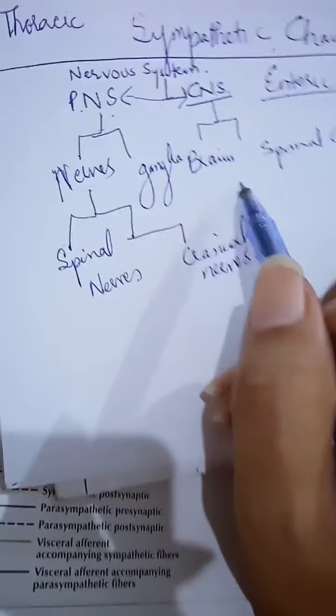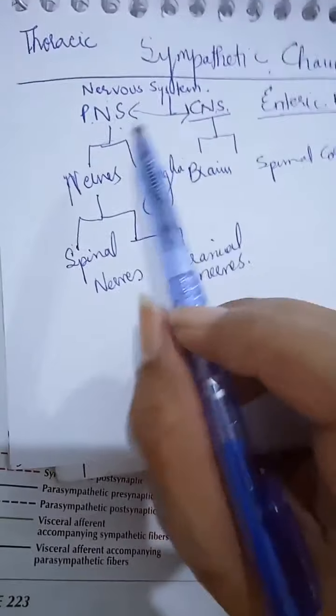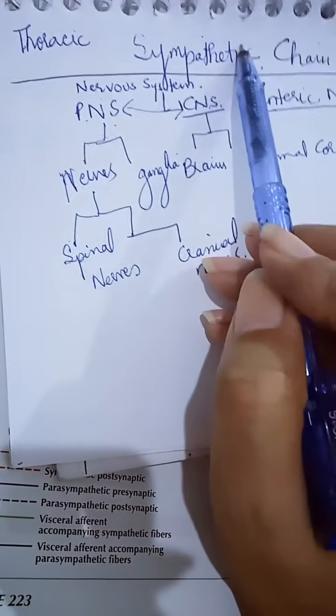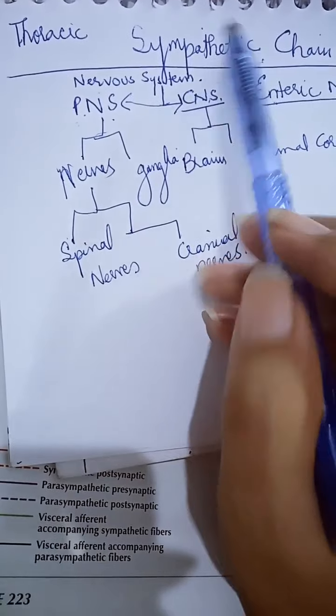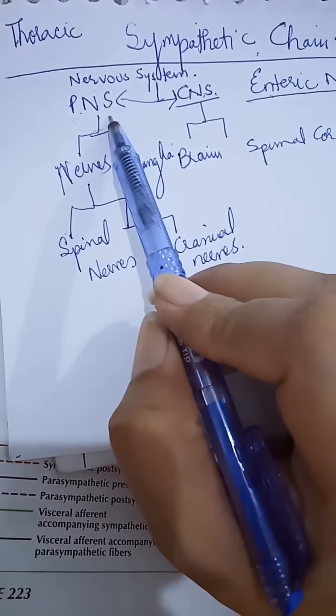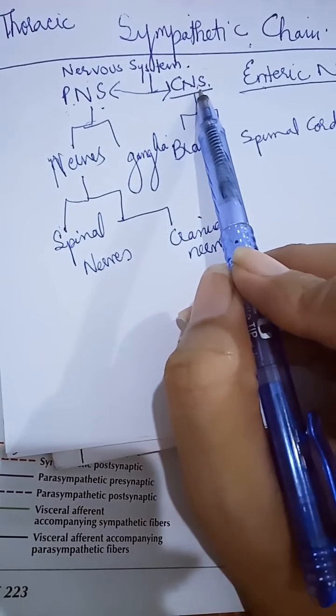I often ask my students where the sympathetic or the parasympathetic nervous system belongs. Is it only a component of the peripheral nervous system, or does it belong to the central nervous system?